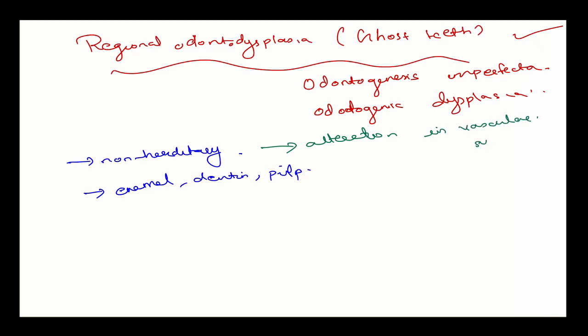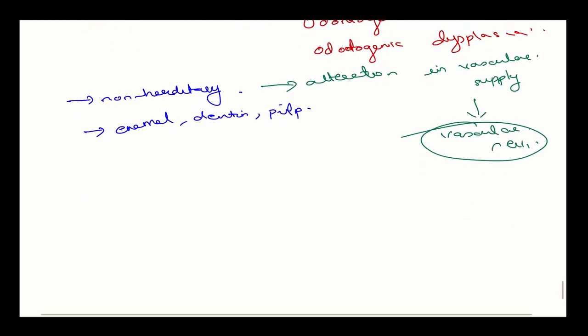Due to this alteration in vascular supply, it's seen that it's associated with some vascular nevi. That's the reason they say it could be a possibility, because it is associated with various vascular nevus.